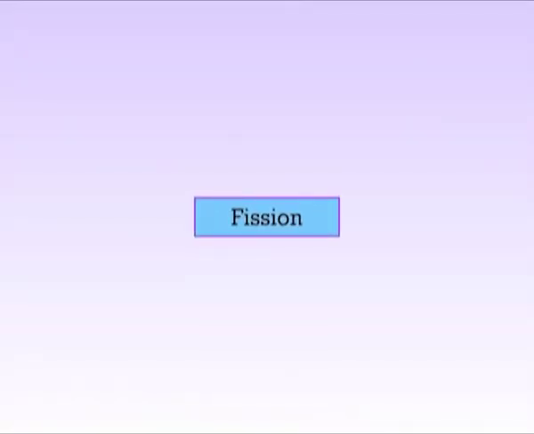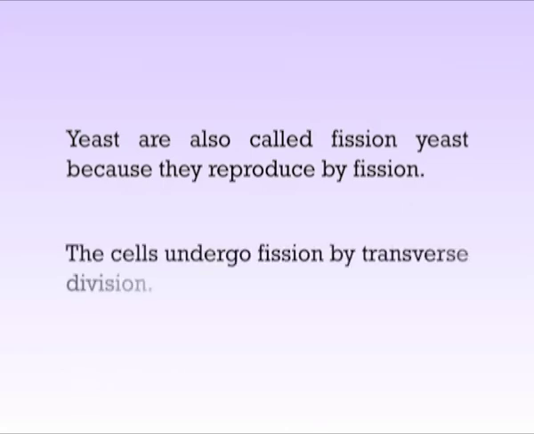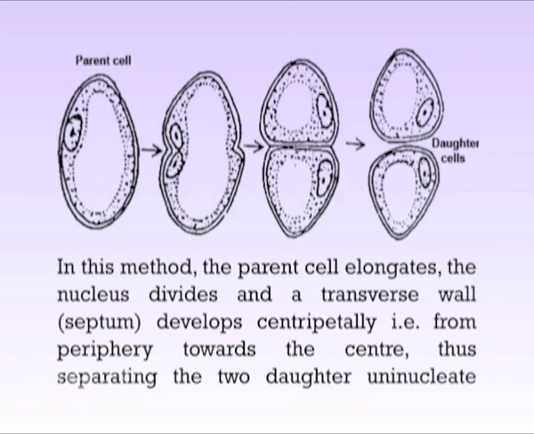The next is the fission method of reproduction. Yeasts are also called the fission yeast because they reproduce by fission. The cells undergo fission by transverse division, and in this method the parent cell elongates, the nucleus divides, and a transverse wall, which is also called a septum, develops centripetally.